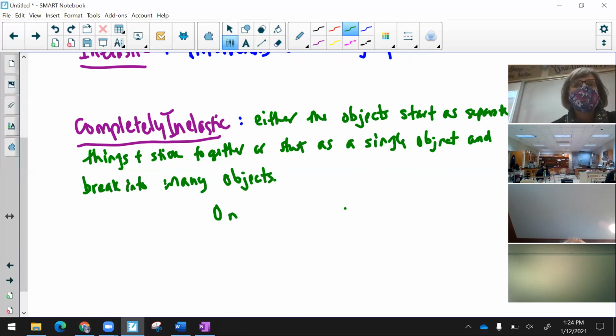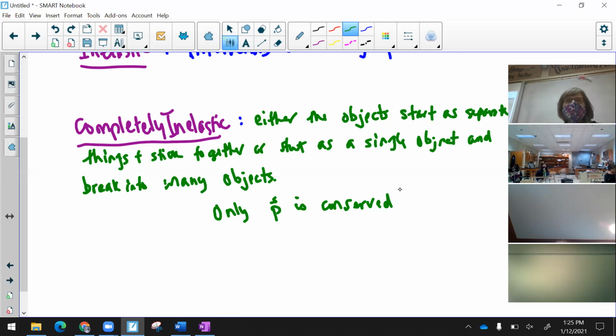But either way, only momentum is conserved. So don't assume that just because objects start separate, interact, and leave separate, that's an elastic collision unless you're told. It could be an inelastic collision.